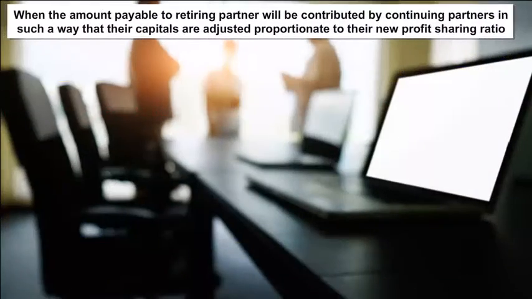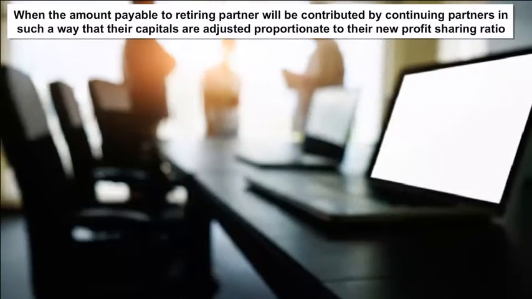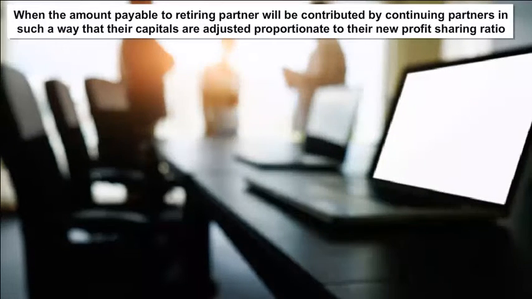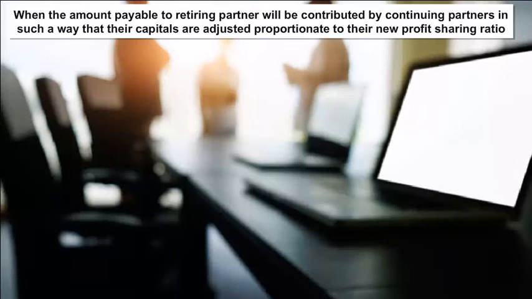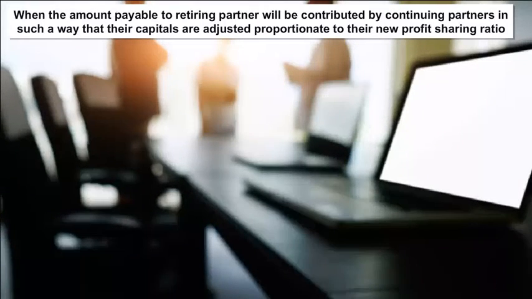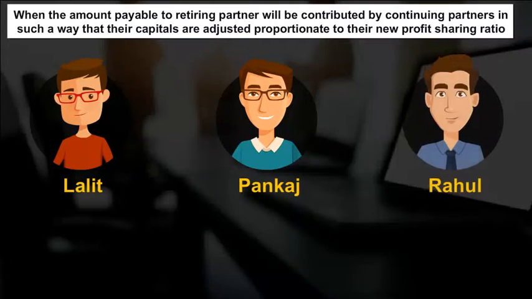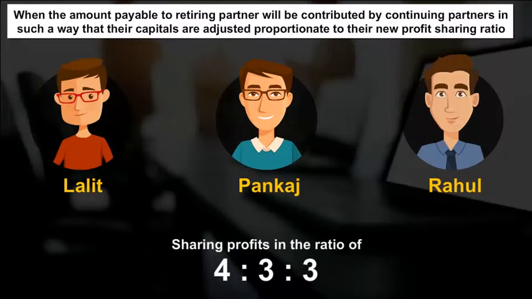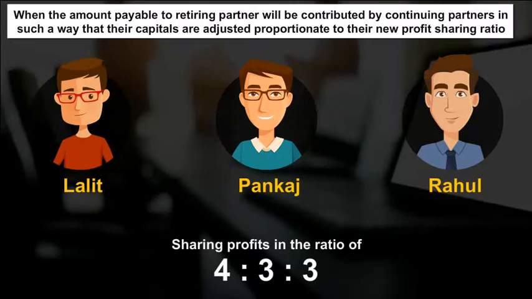When the amount payable to the retiring partner will be contributed by continuing partners in such a way that their capitals are adjusted proportionate to their new profit-sharing ratio. Lalit, Pankaj and Rahul are partners sharing profits in the ratio of 4:3:3.